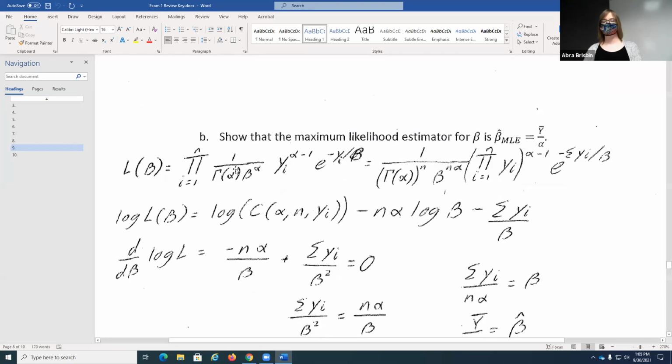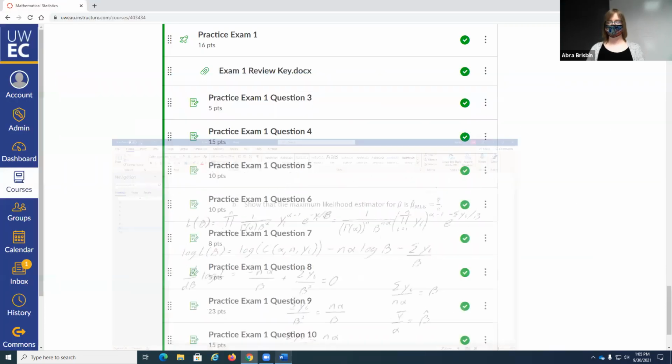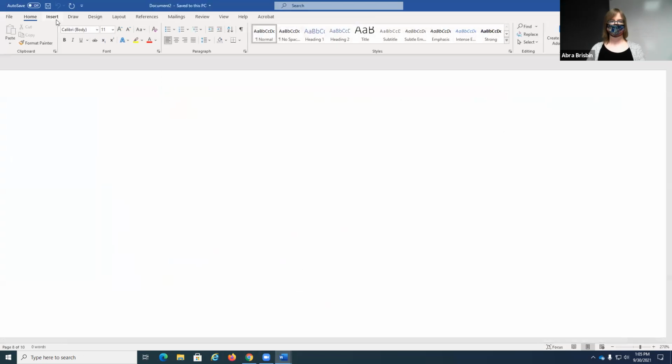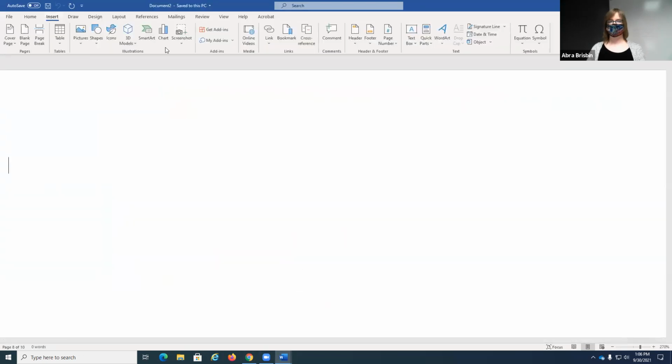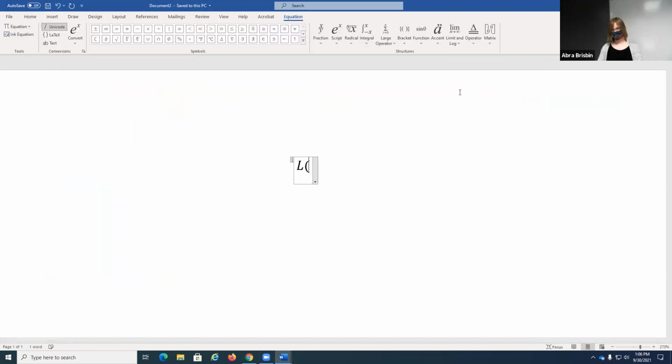So that means that the likelihood of beta is, well, we know it's the probability of y sub 1 up through y sub n given the value of beta.